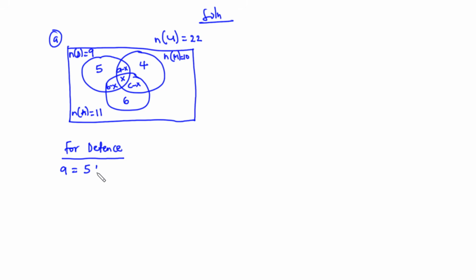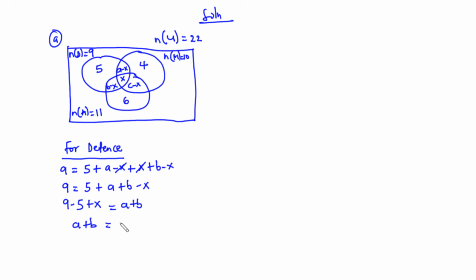So that is 5 plus A minus X plus X plus B minus X. Now negative X cancels out positive X. So we are left with 5 plus A plus B minus X. Now let's transpose 5 and negative X to the left hand side. So we have 9 minus 5 plus X equals A plus B. So A plus B is equal to 9 minus 5 is 4, so 4 plus X. Let's call this equation 1.